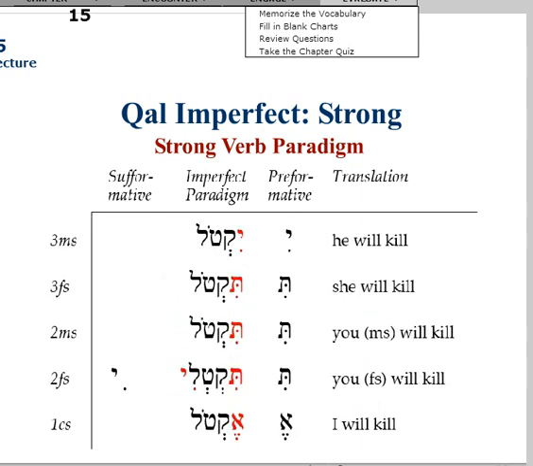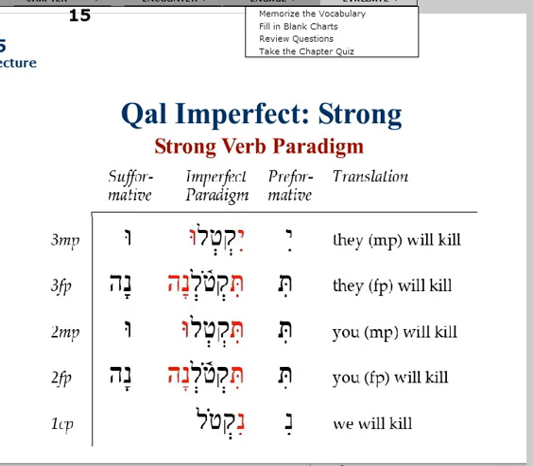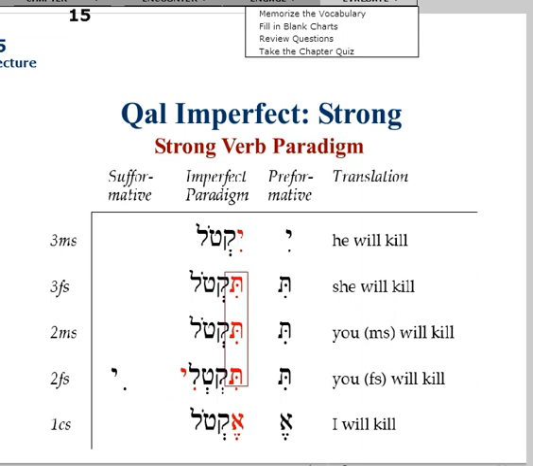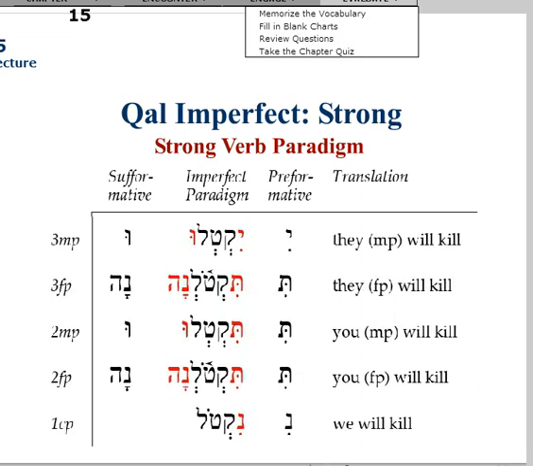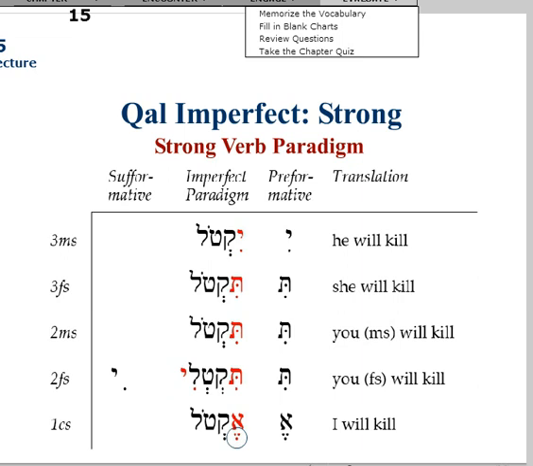The performative is aleph in first common singular and nun in first common plural. So there are only 4 performative consonants in the Cal imperfect: yod, tau, aleph, and nun. Note also that all performative consonants have the Hirik vowel, except the first common singular form, which has segol.